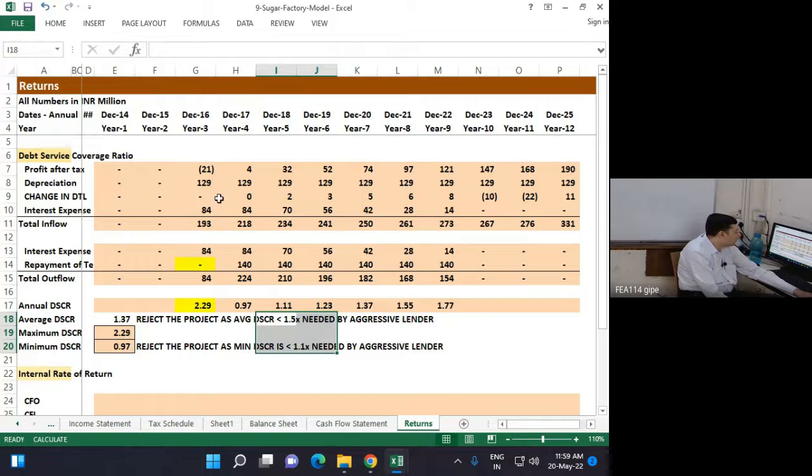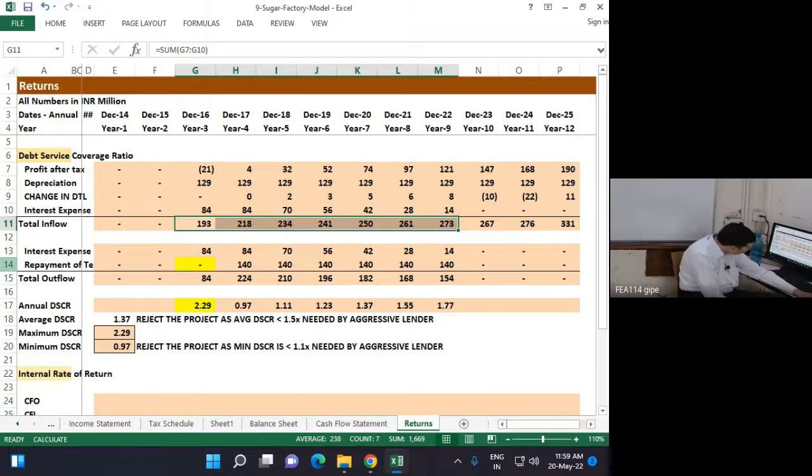Still, the cash flow is not very strong. So you might be able to overcome the minimum criteria, but it will still be difficult to overcome the average because उतना पैसा जनरेट ही नहीं हो रहा है.